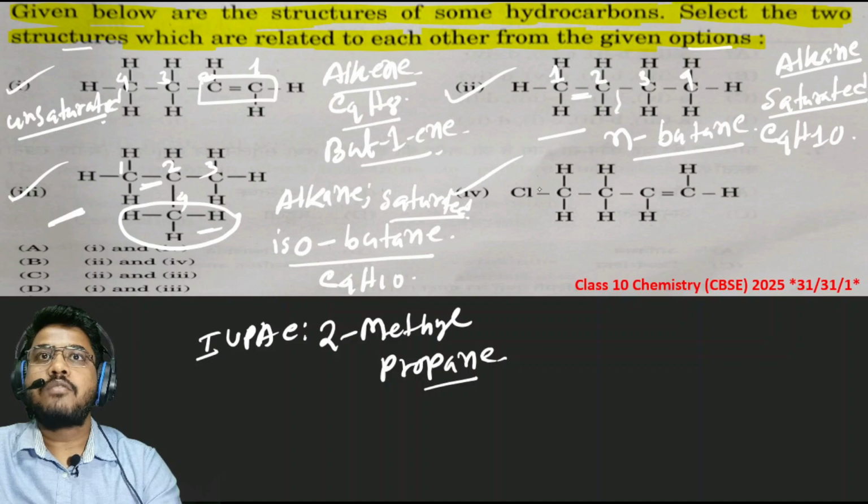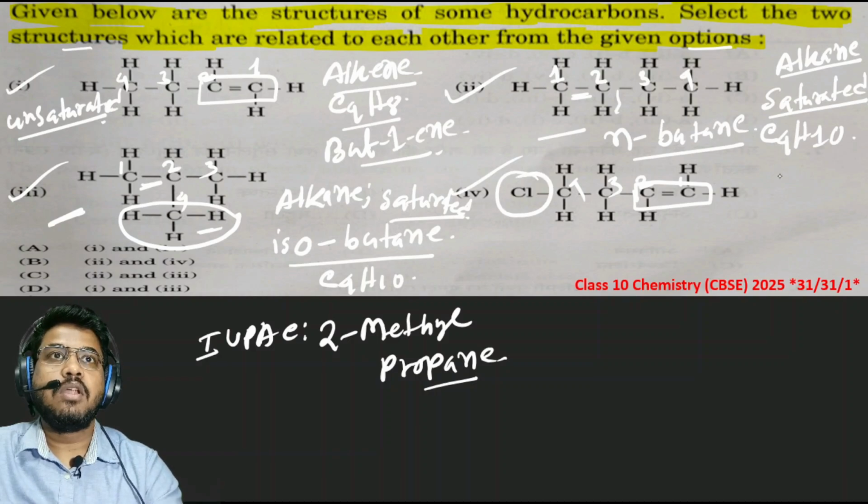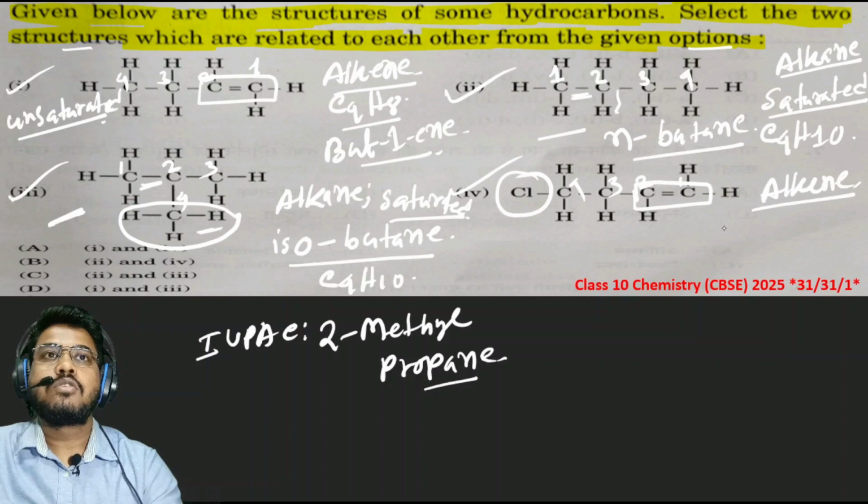Now let's see option number 4. There are 1, 2, 3 and 4 carbon atoms present in this hydrocarbon, and 1 carbon-carbon double bond is present and 1 chlorine group is present. So it belongs to alkene. So this is an unsaturated hydrocarbon.